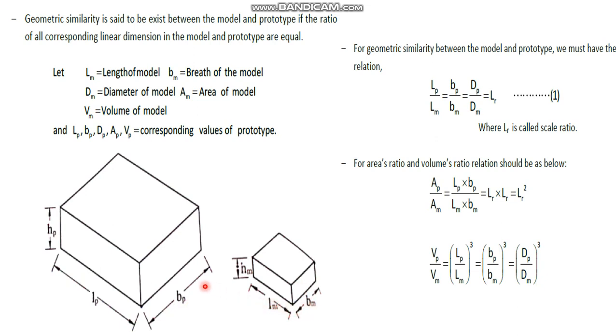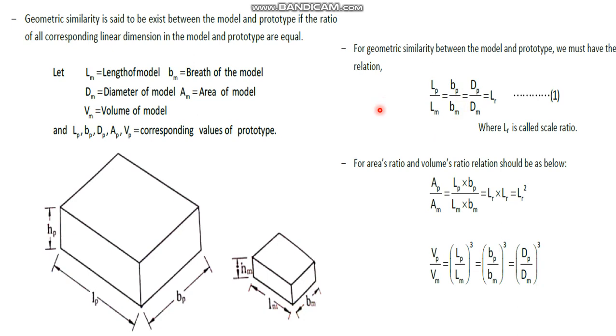Then, if it is a geometric similarity, the ratio LP by LM should be equal to the ratio BP by BM. That is, LP by LM equals BP by BM. That is called geometric similarity between the model and prototype.